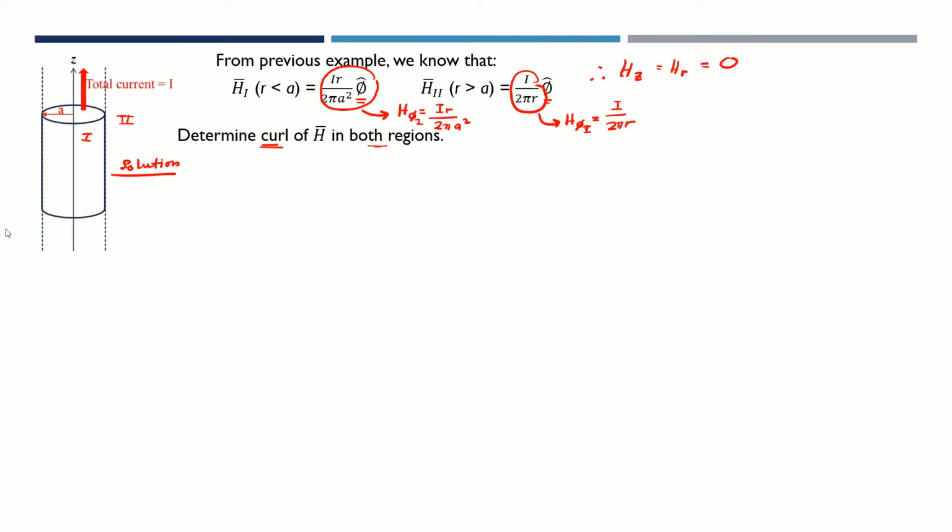The curl of H is equal to del cross H, the same as equation 3.45 if you have the Sadiku book. If you don't have the book, you can refer to the handout on the previous page.